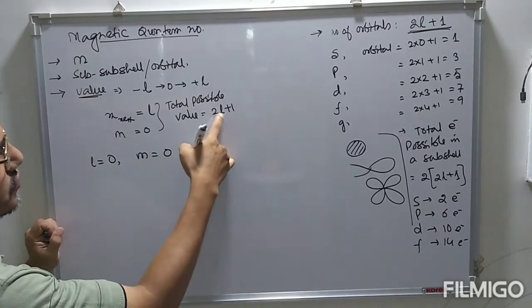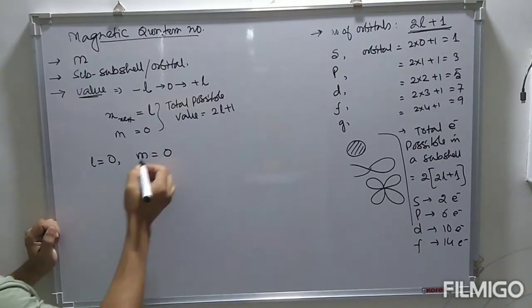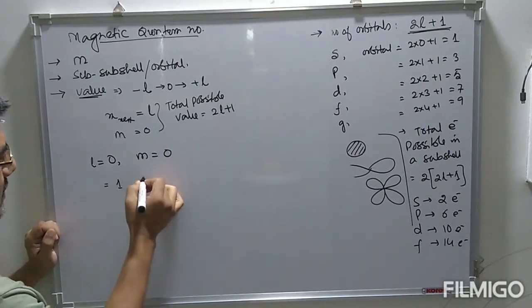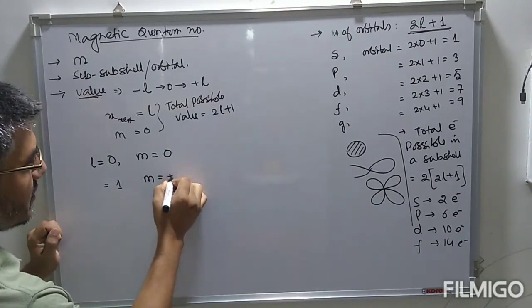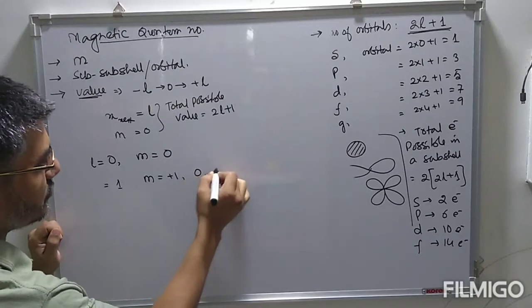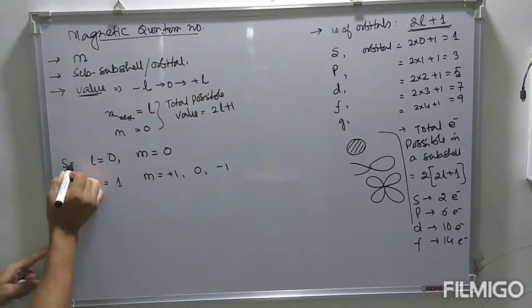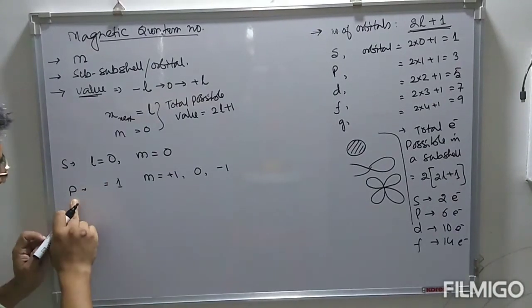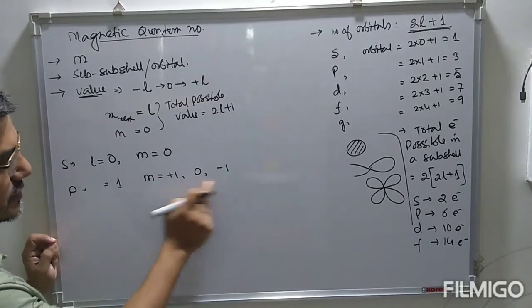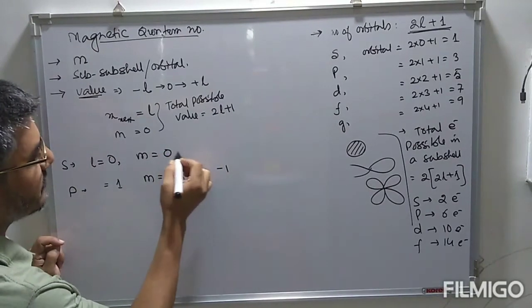So we have one value, 2 into 0 plus 1, only one value. If l equals 1, m can have 2 into 1 plus 1, 3 values. So we have plus 1, we can have 0, we can have minus 1. So when l equals 1, this is P subshell. So P subshell has got how many orbitals? 3 orbitals. S subshell has got how many orbitals? 1 orbital, that is S orbital.